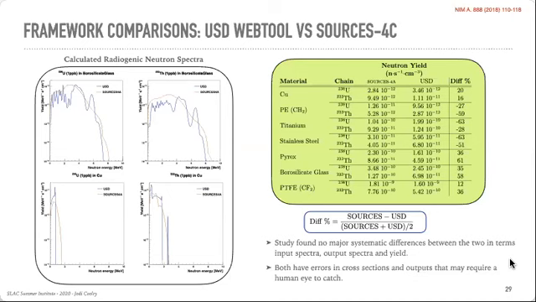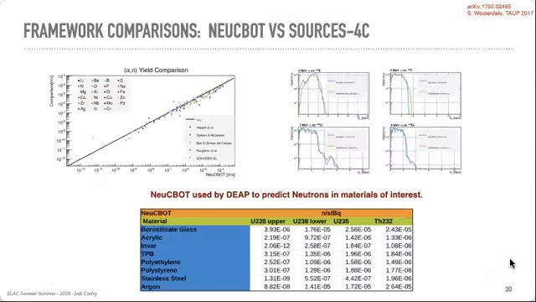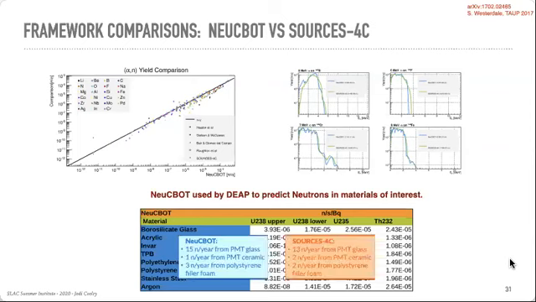Similarly, there was a comparison done between NuCBot and SOURCES-4C. NuCBot was used by the DEAP collaboration to predict their neutrons in the region of interest. The real take-home here, taking just one example, is their PMTs.